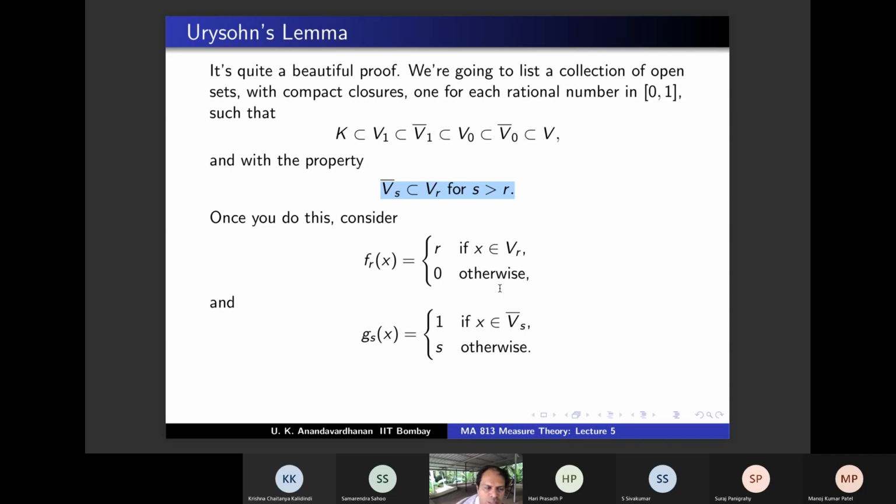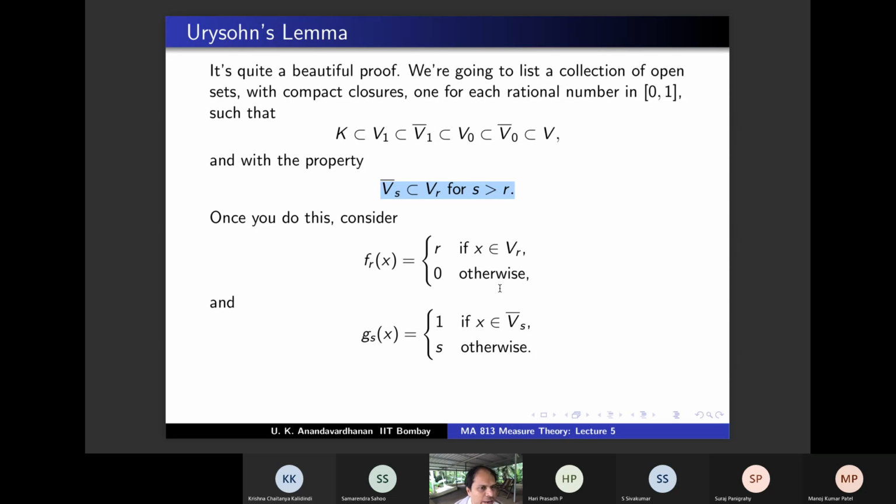Their sup is also lower semi-continuous, right? And if you have a collection of upper semi-continuous functions, then their inf is also upper semi-continuous. So from this slide, can you give me one lower semi-continuous function and one upper semi-continuous function? You can take sup of fR, that will be lower semi-continuous, and you can take inf of gS, that will be upper semi-continuous. Okay? And fR is less than gS, you know that.